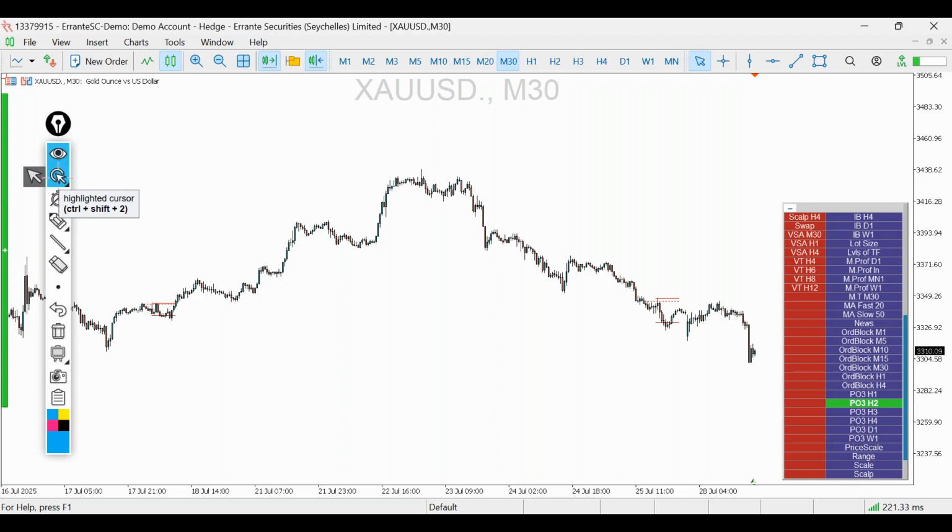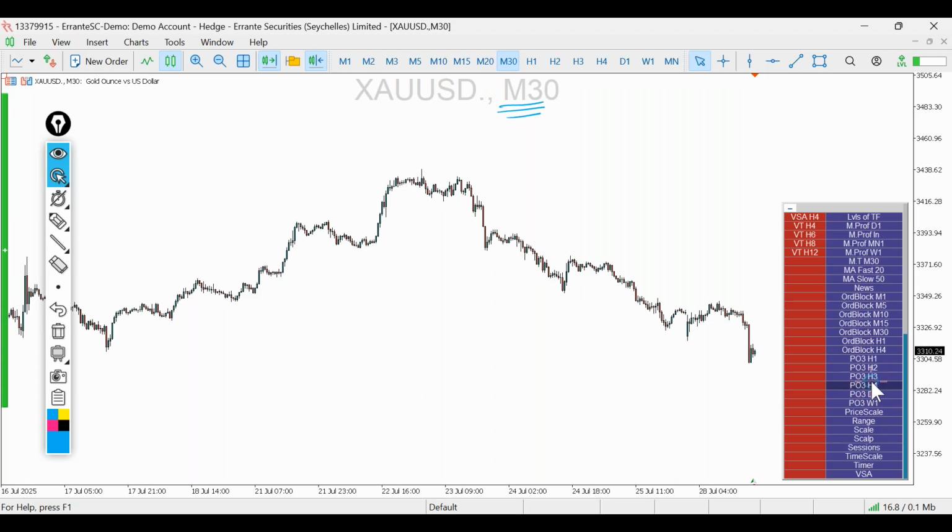Okay, this is gold on an M30 chart, and now we will understand what we have here. What I've done is I've coded the strategy that I've shared with you into this indicator, and now let me explain it to you.